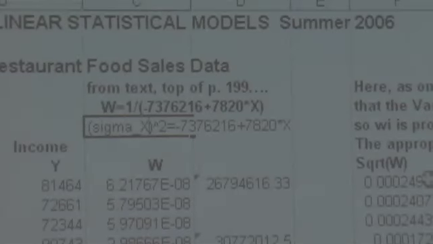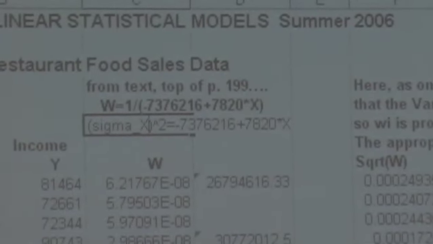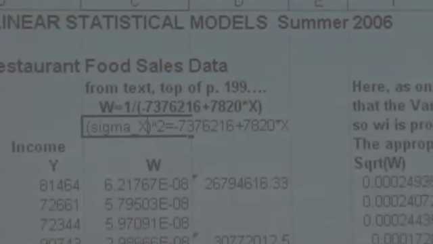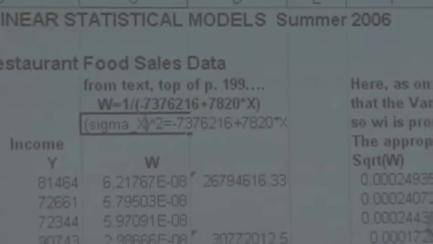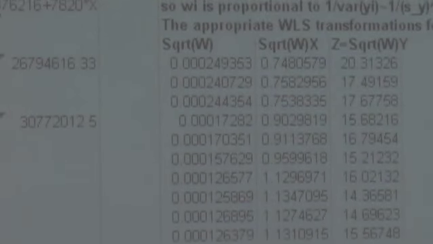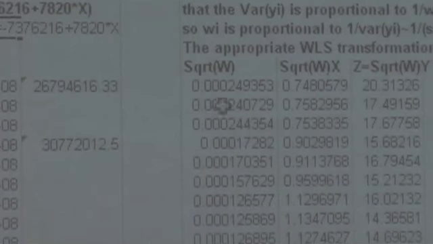See, these first 3 W's are almost all the same: 0.0000249, 0.0002407, 0.0000244, and so on, just because of these x's being a little bit different. And of course I took a square root as well. So what is the formula here?